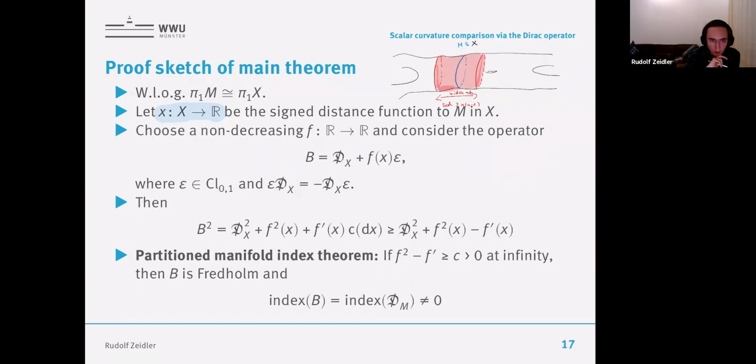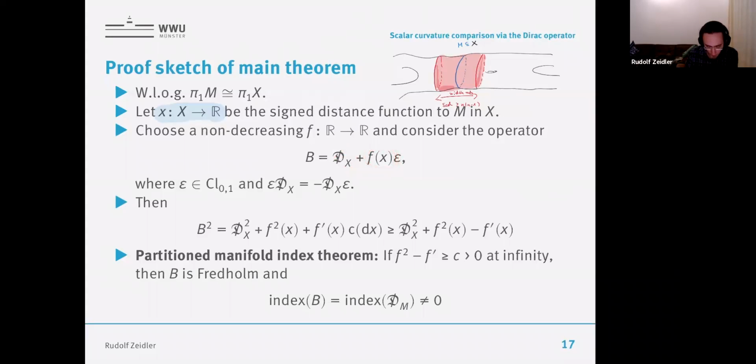And first of all, I would just take my distance function as a potential, but it will be convenient to modify this distance function a little bit further. For this reason, I choose some non-decreasing function f from the real line to itself that will be chosen later. And we consider the operator, the Dirac operator plus as a potential f composed with x.